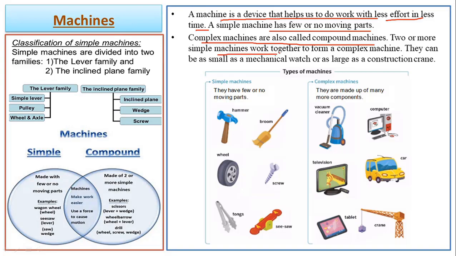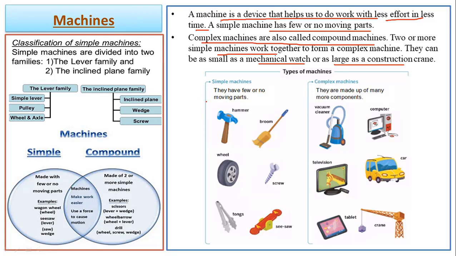You can see a complex machine as small as a mechanical watch, or as large as a construction crane. At your home, you have different kinds of simple machines such as a hammer, scissor, broom, wheel, tongs, etc.